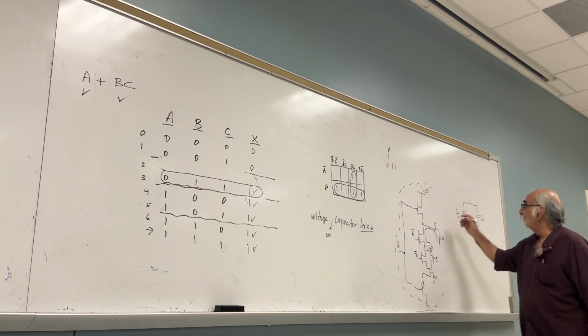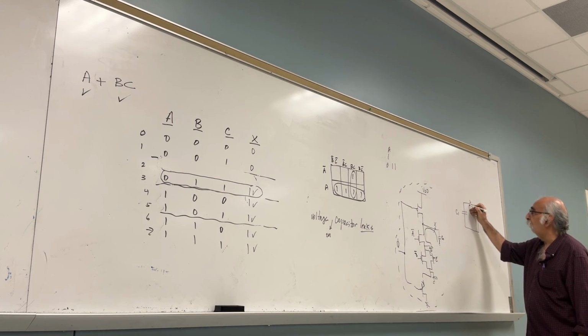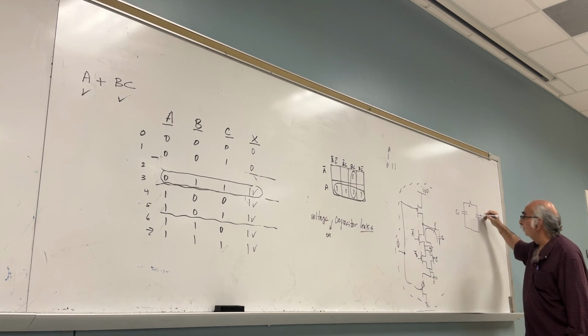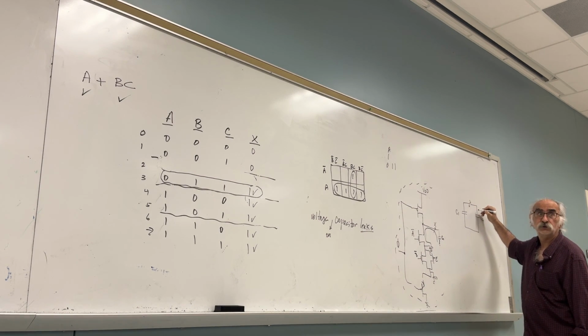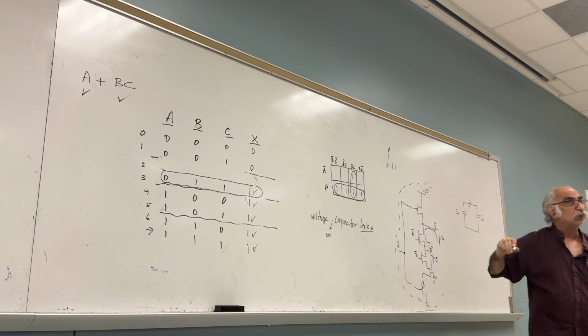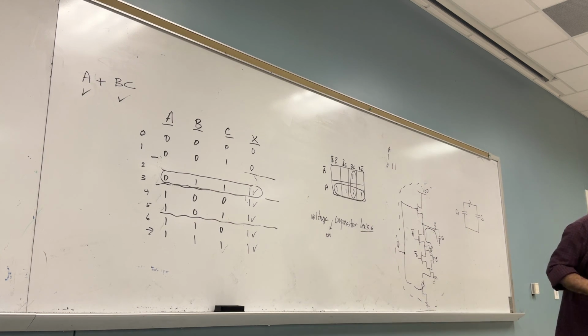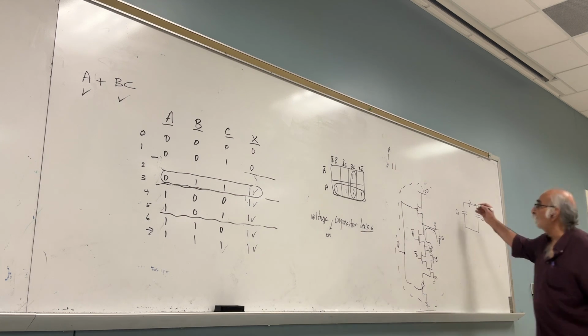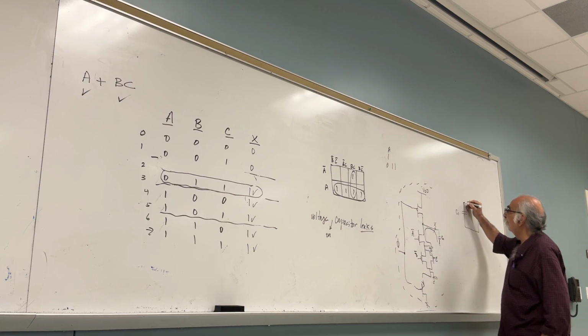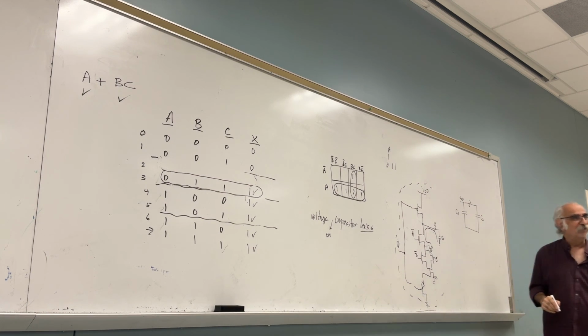This switch will be closed, and they will share the charge. Why will they share the charge? Because they are connected in parallel. What is the voltage across C1 initially? VDD. Did you follow me or not?